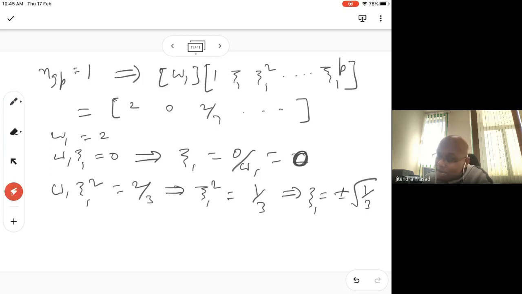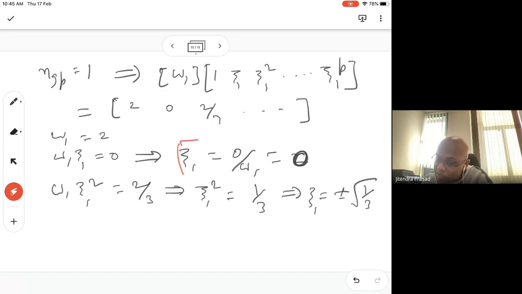But since we have only 1 point, Xi1 cannot be 2 points, right? So in fact, for the bigger polynomial, this is not consistent.